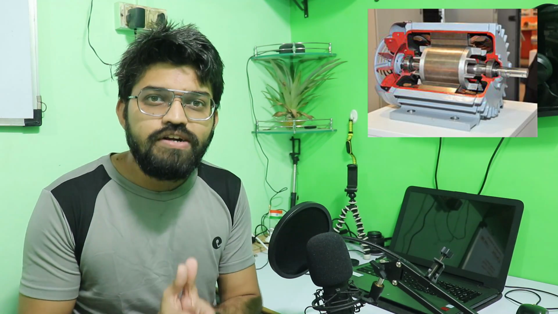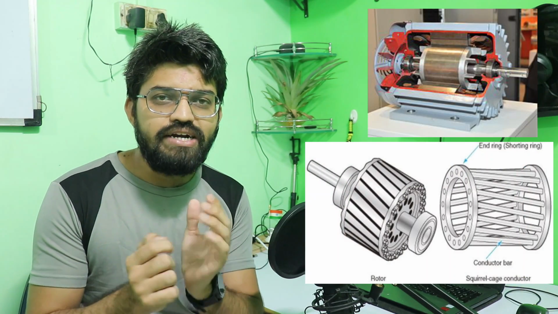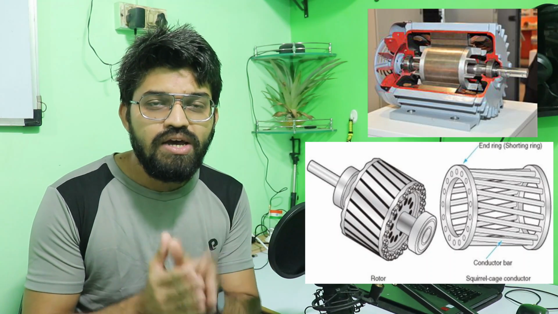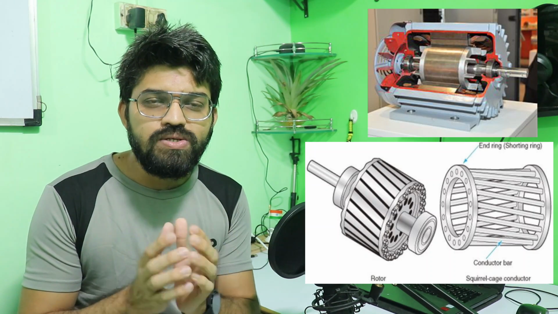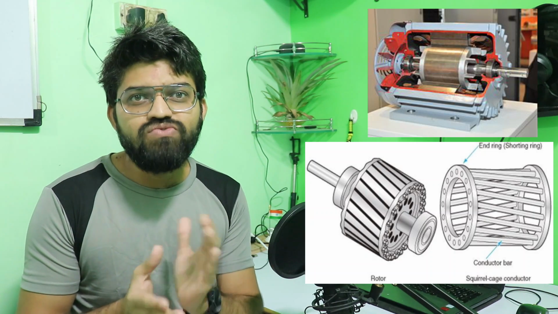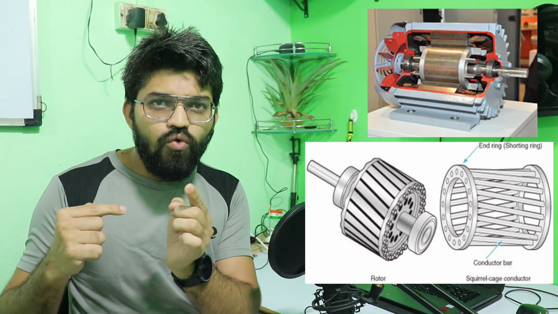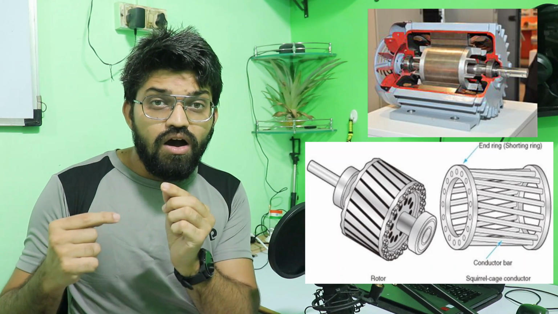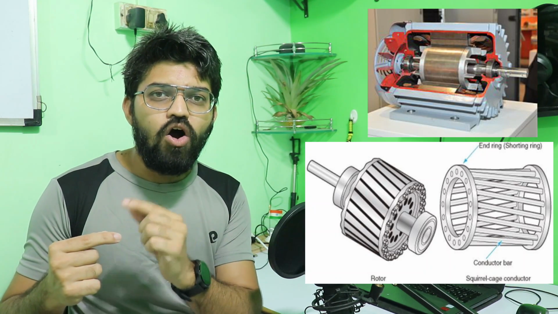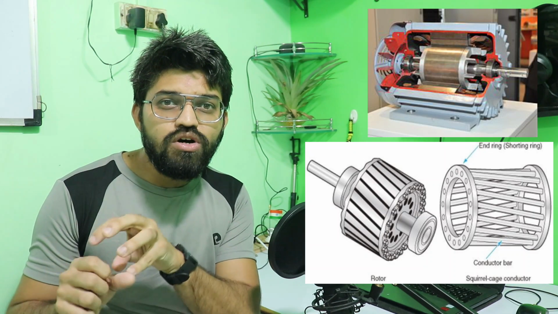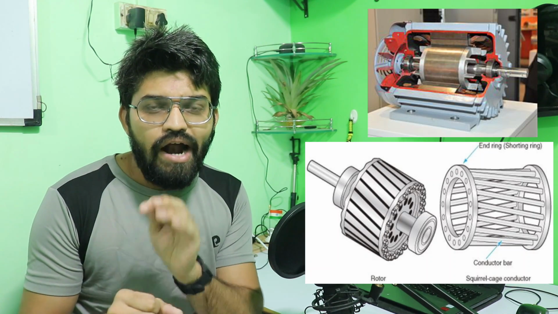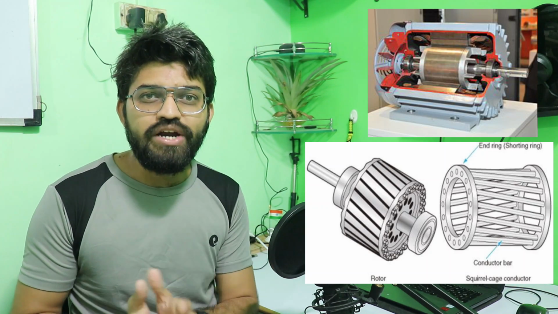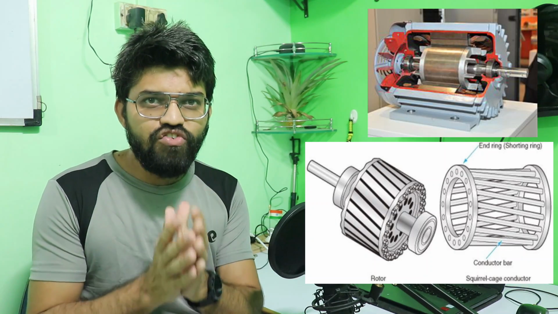The rotor has a squirrel cage design enclosed by laminations, and on those laminations the copper coil is wound. So when the magnetic flux gets induced in the stator winding, this magnetic field also gets induced into the windings of the rotor, and because of this magnetic field the rotor starts rotating.